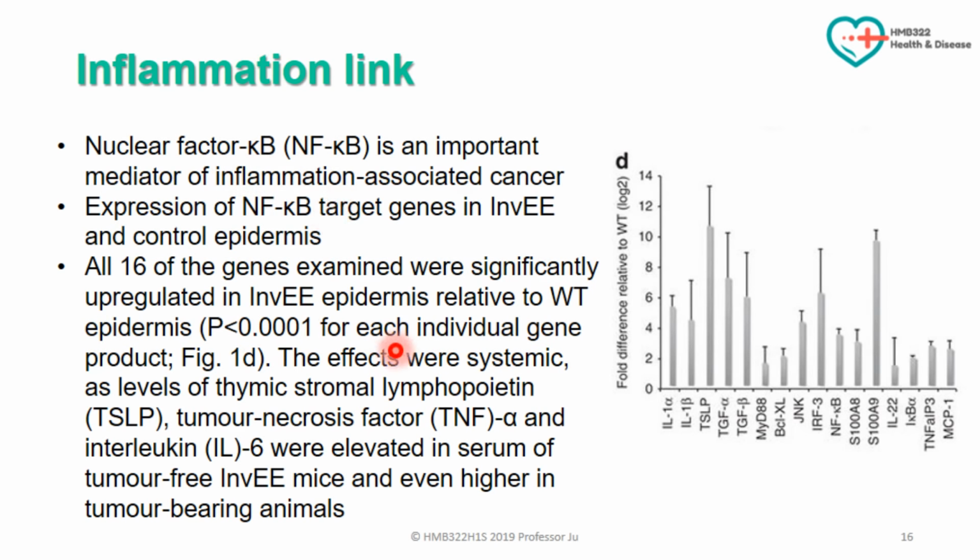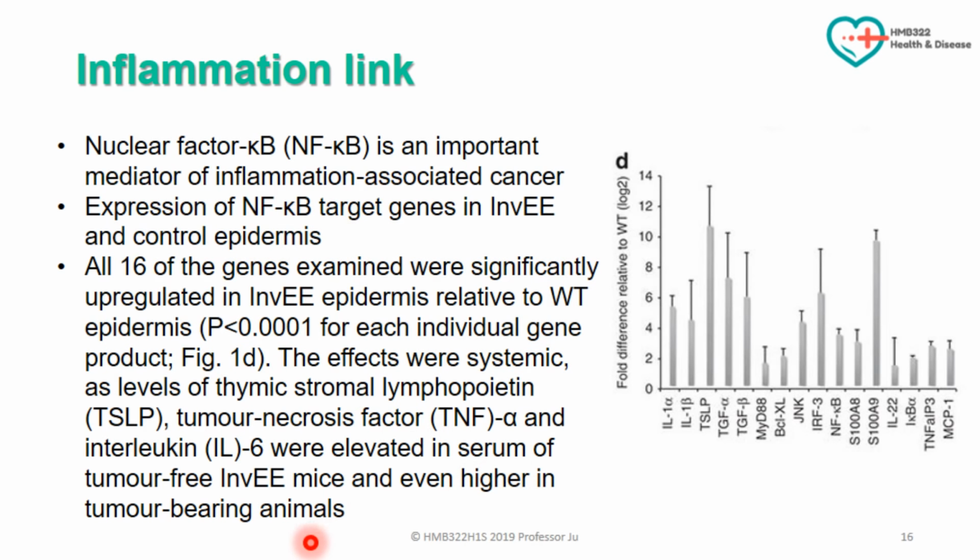And of all of the different types of genes that were examined, the ones that I'd like you to pay the most attention to are things like tumor necrosis factor alpha, interleukin-6. These were much higher even in tumor-free mice, and even higher still in tumor-bearing animals.